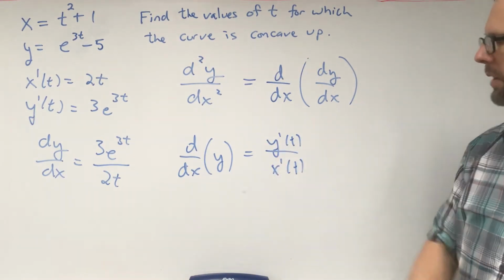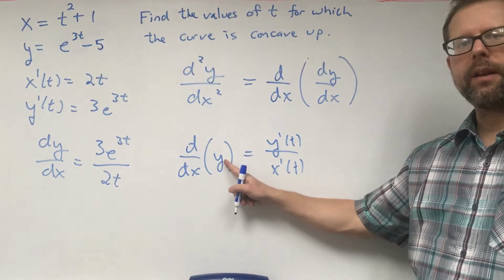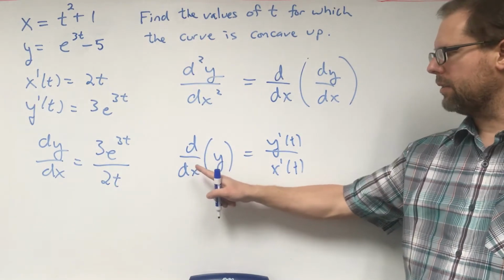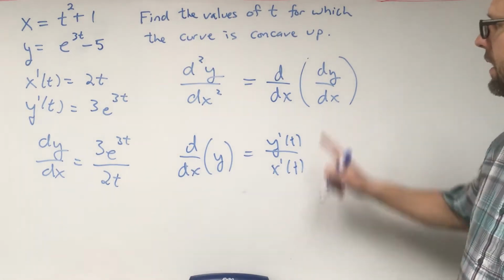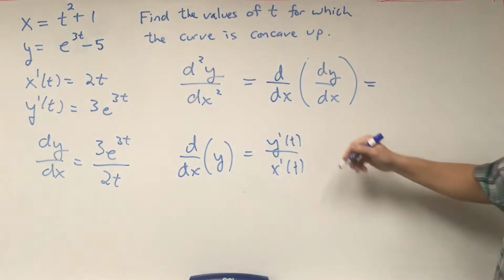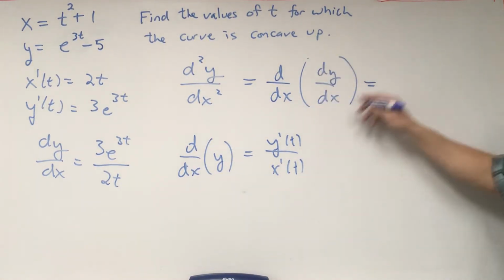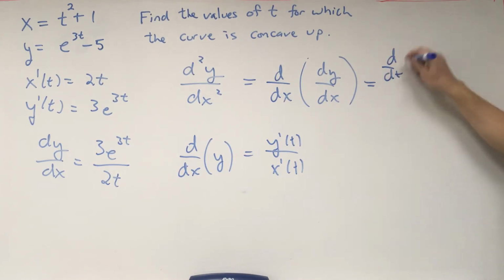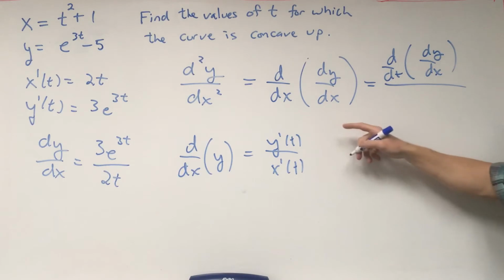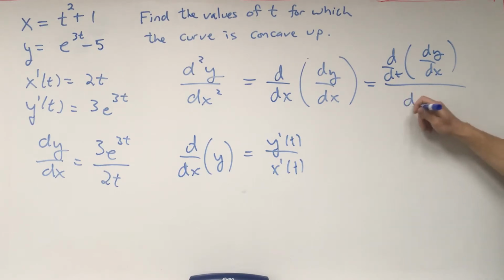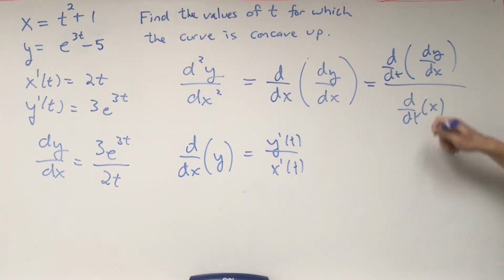In other words, if we differentiate this fellow with respect to t and divide by the derivative of this fellow with respect to t, we're in business. So what we need here is a derivative of this guy with respect to t on top, and the derivative of x with respect to t on the bottom.